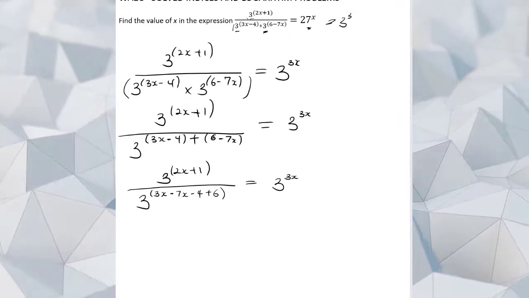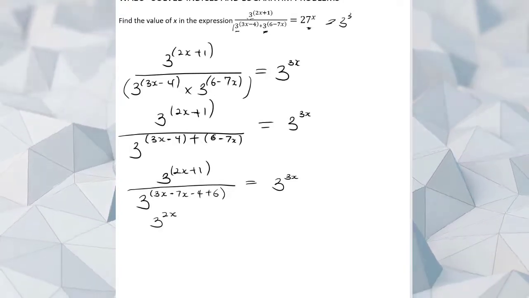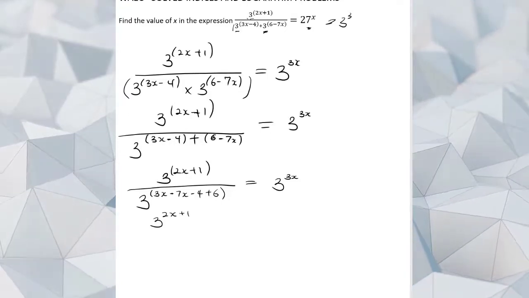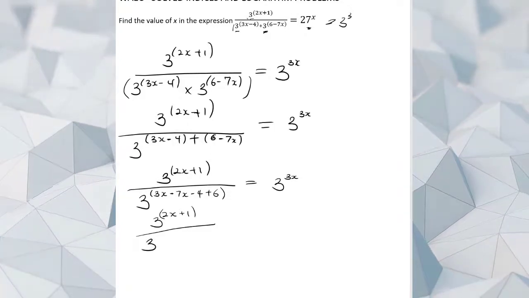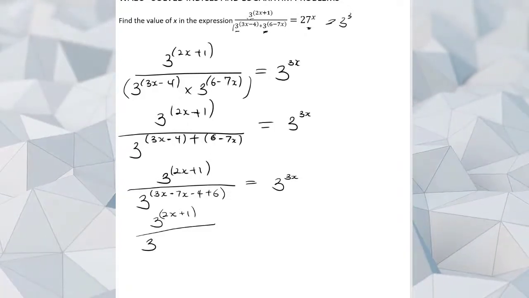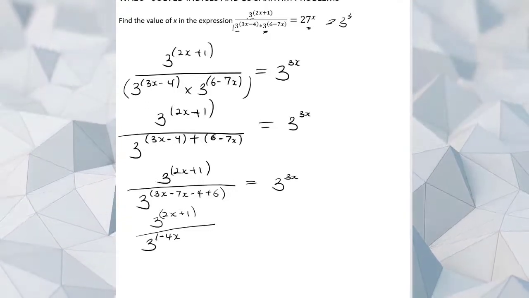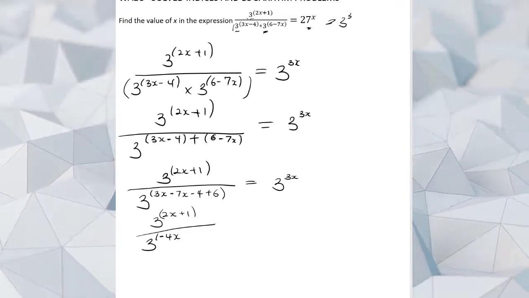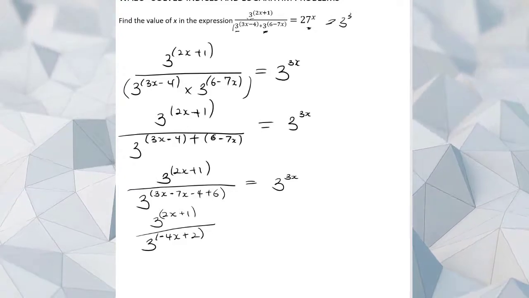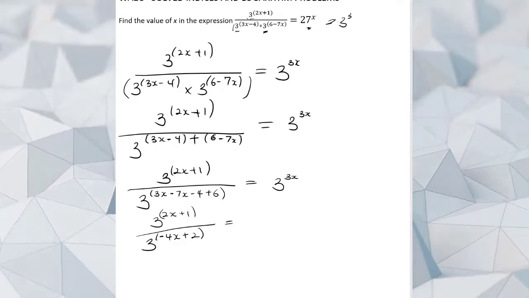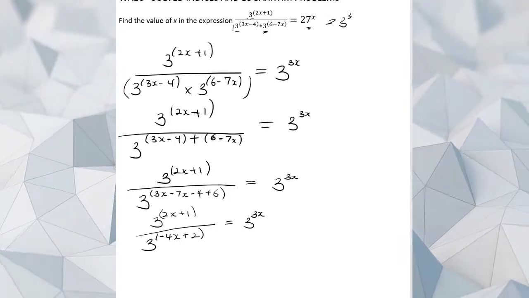So now this becomes 3 raised to power 2x plus 1, all over, 3x minus 7x is equal to minus 4x. Minus 4 plus 6 will give us plus 2. So it's equal to 3 raised to power 3x.